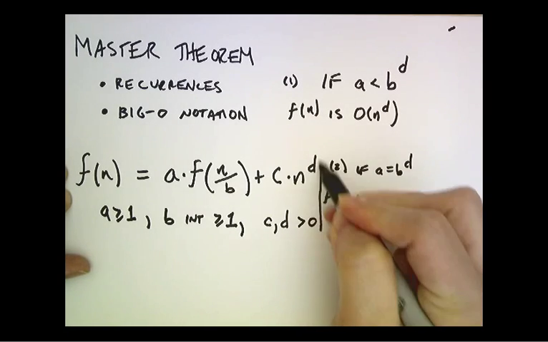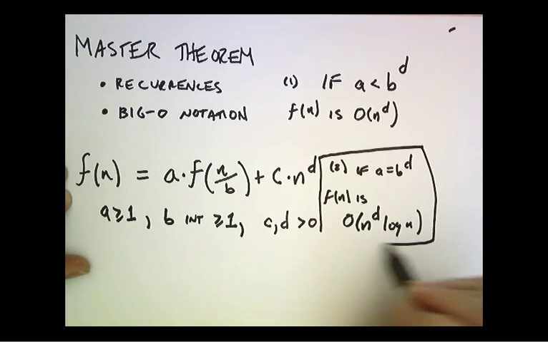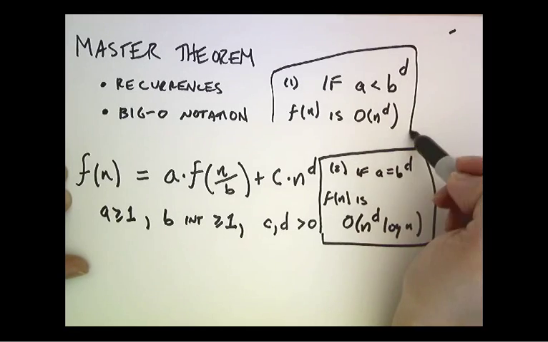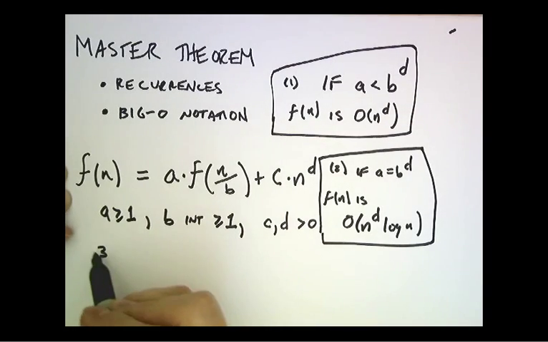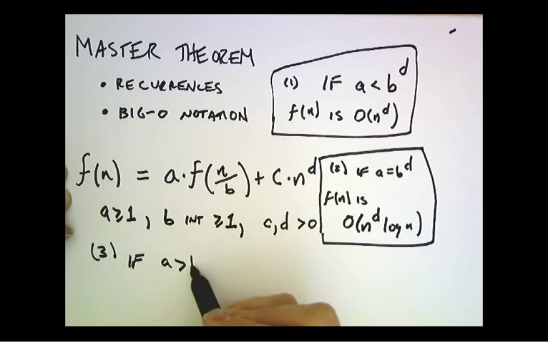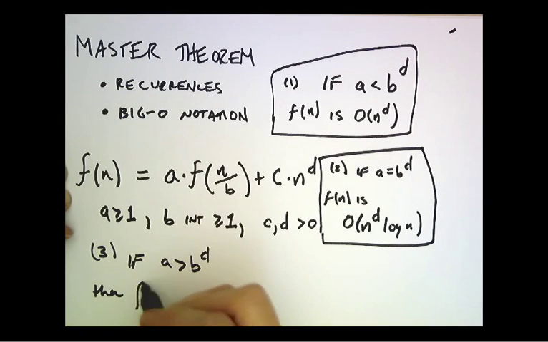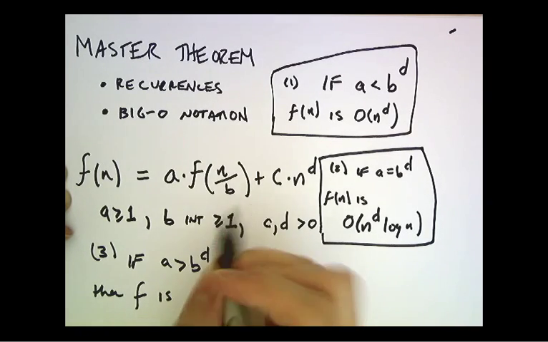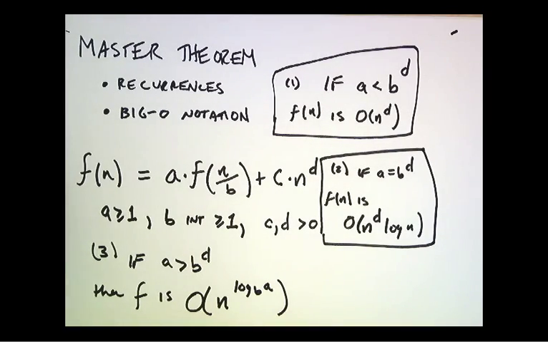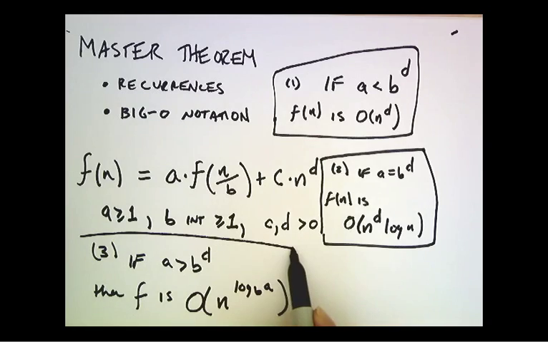So this is case 2, this is case 1, and case 3 is if a is greater than b to the d, then f is big O of n to the log base b of a.